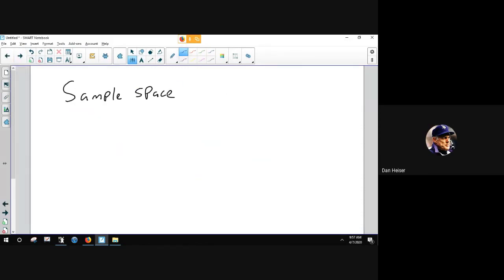Sample space. Sample space is basically a list or a group of every single possible outcome. And we'll look at a couple of sample spaces so you can get an idea of what they look like.